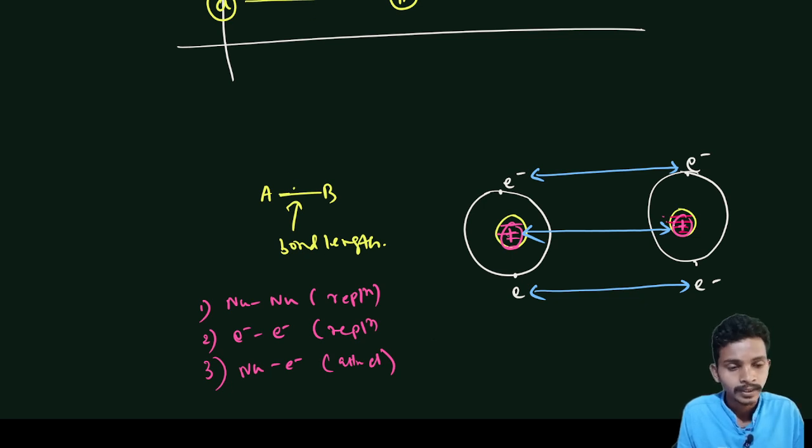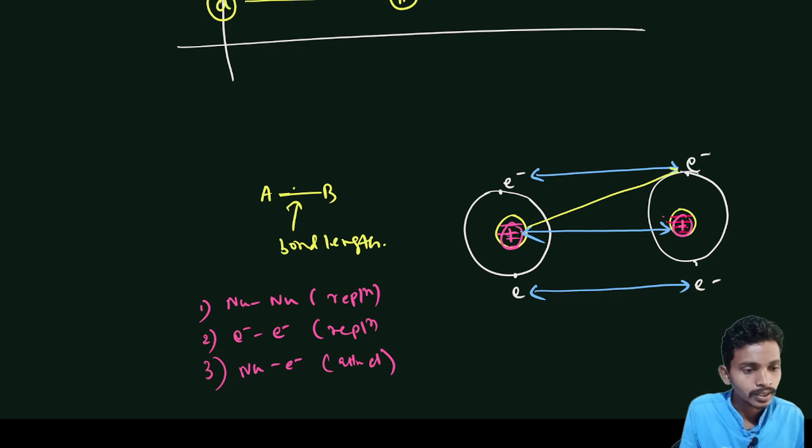On the other hand, whenever they go far away, then this nucleus and electrons get attracted, since they are opposite charge.